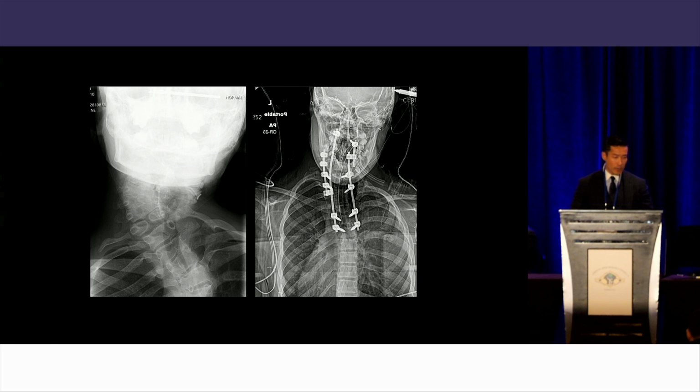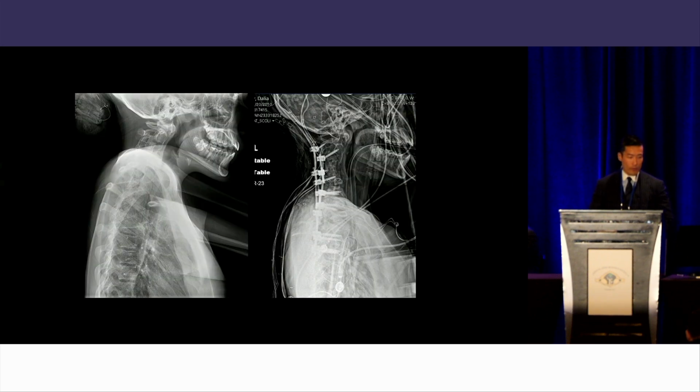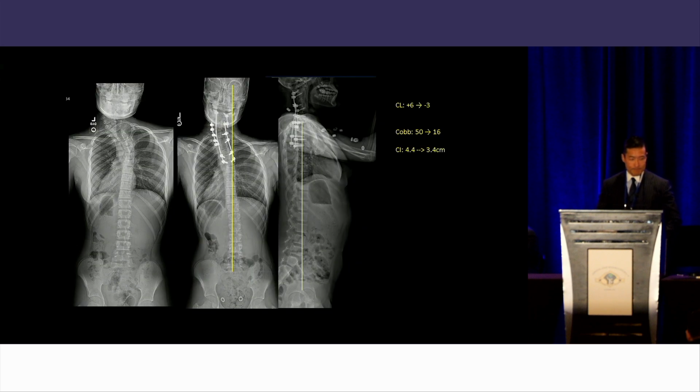So this patient underwent double PSO within the apical portion of the hemivertebral resection of C7, in addition to the apex and the thoracic spine, based on the coronal deformity with this result.